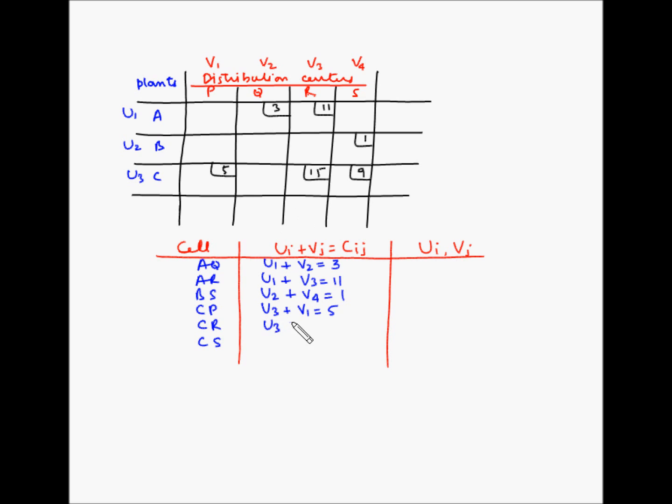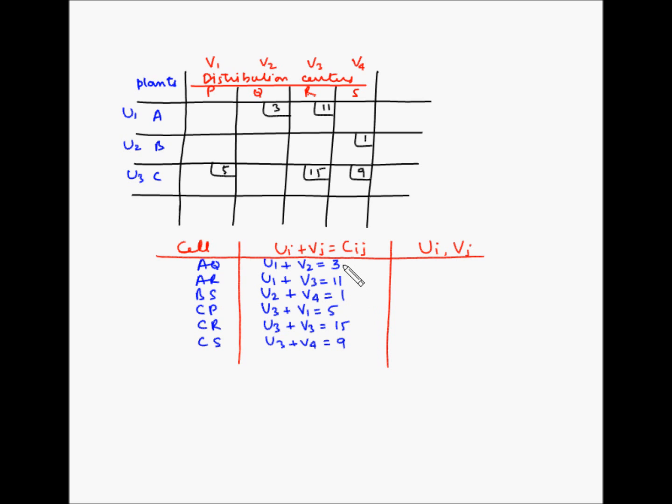So U3 plus V3 is equal to 15. For CS, Ui is U3 and Vj is V4 and Cij is 9. So U3 plus V4 is equal to 9.